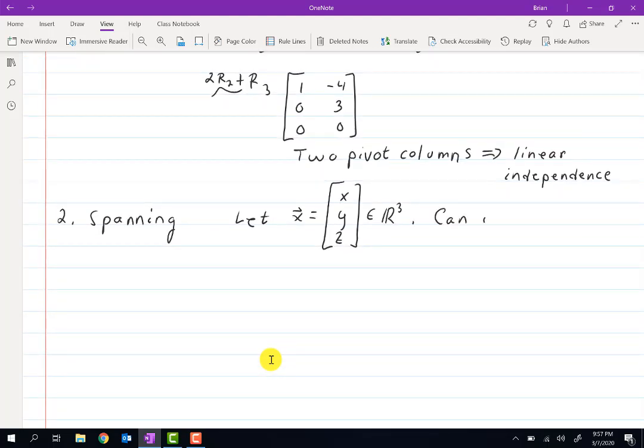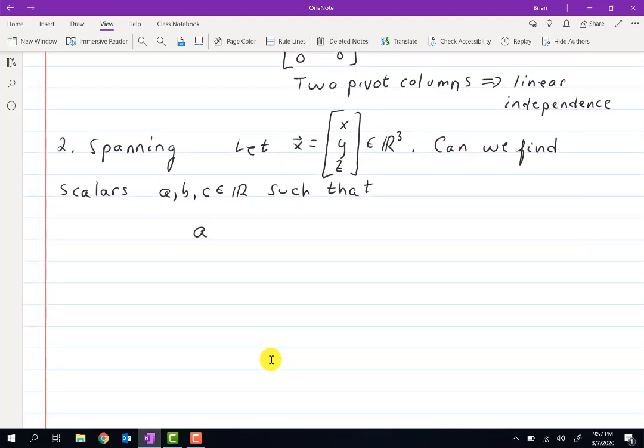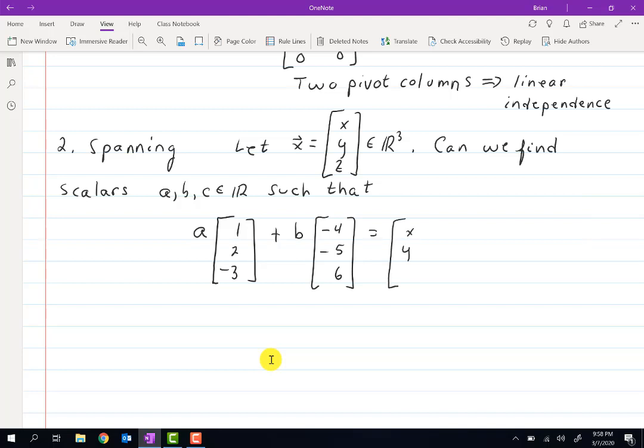Can we find scalars A, B, and C in R such that A times (1, 2, negative 3) plus B times (negative 4, negative 5, 6) is equal to (x, y, z)?